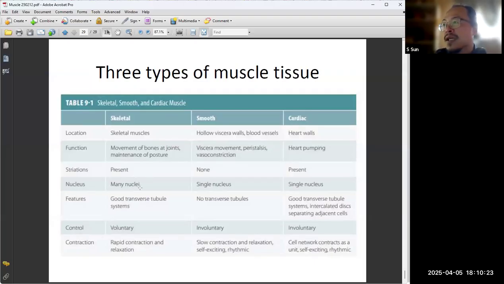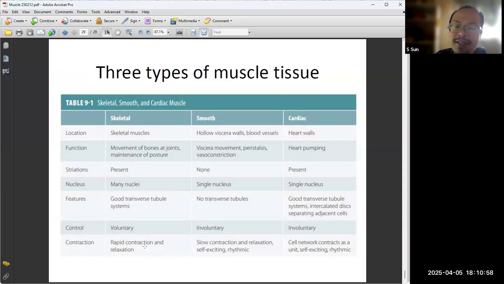Each cell has multiple nuclei, and it has striation. It shows a good transverse tubule system, basically a transverse striation appearance. It is under voluntary control, and it can contract and relax quite quickly.